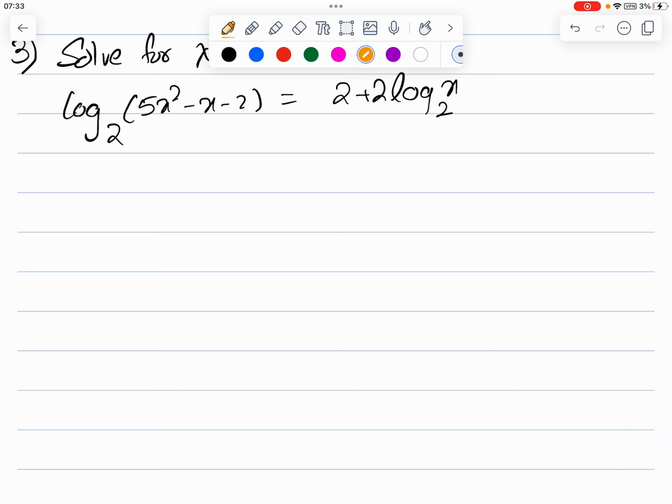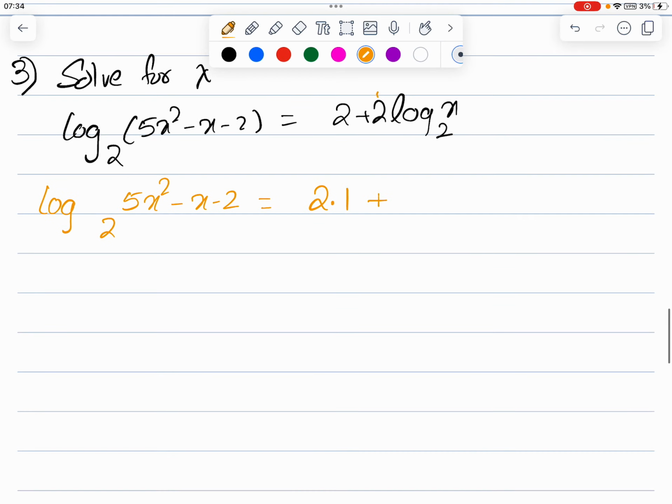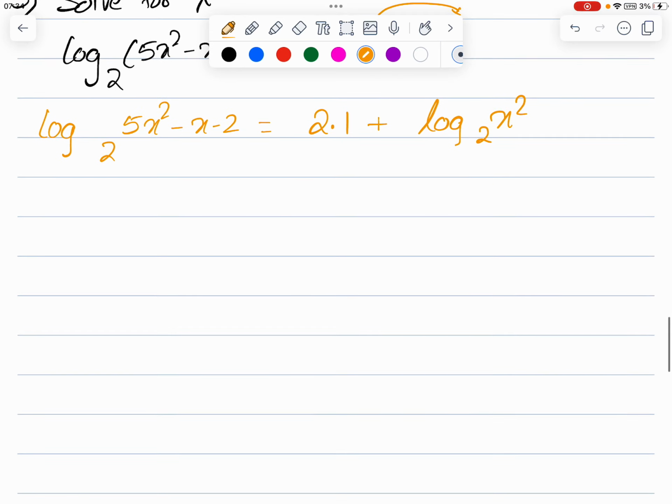So what does that become? log (5x² − x − 2) to the base 2 equals 2 plus log x² to the base 2. The 2 can be written as 2 times 1, and this number goes to the power. Again, this 1 can be written as log 2 to the base 2.